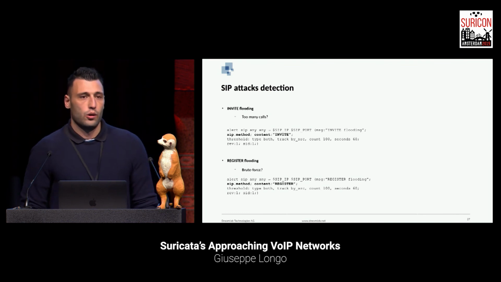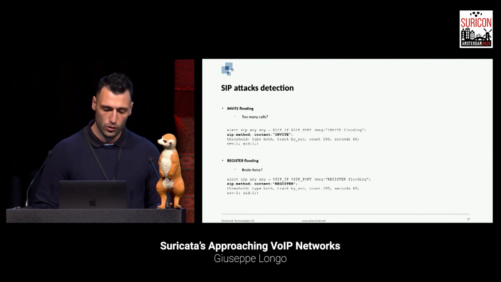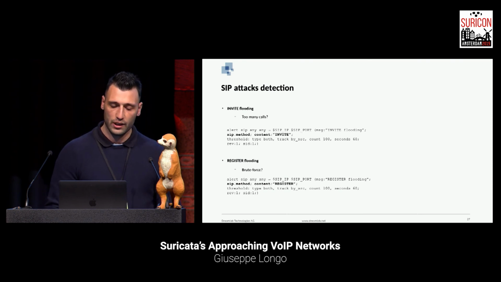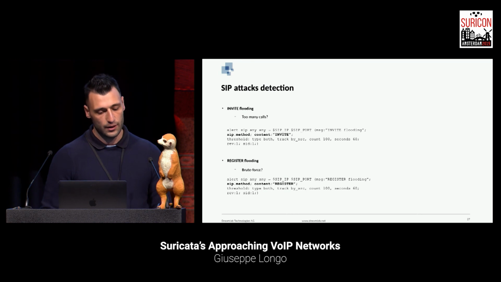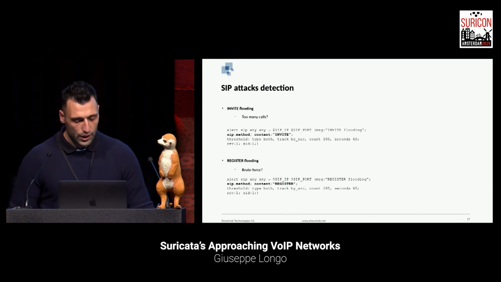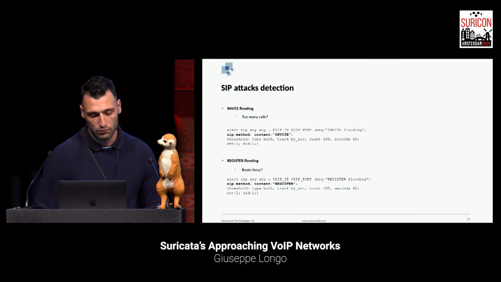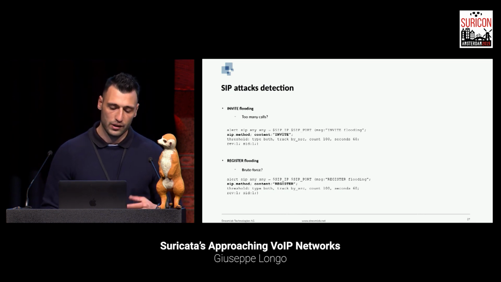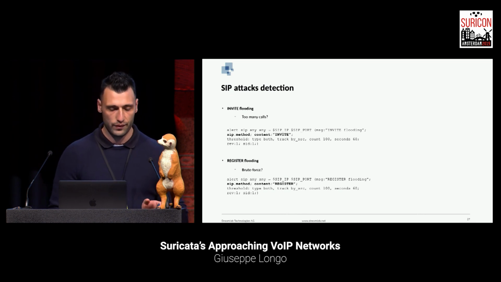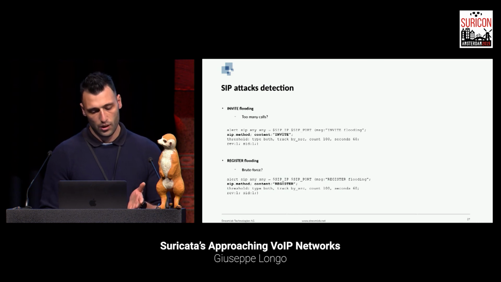Okay, let's take a look at some real rules that we can use to protect SIP servers. If we want to detect a DoS attack, in particular INVITE and REGISTER, we can use the sip.method sticky buffer, looking for INVITE content and adding some threshold to keep track of the number of messages in a period of time.